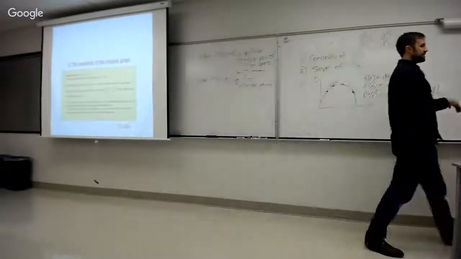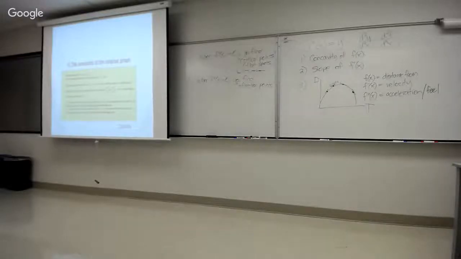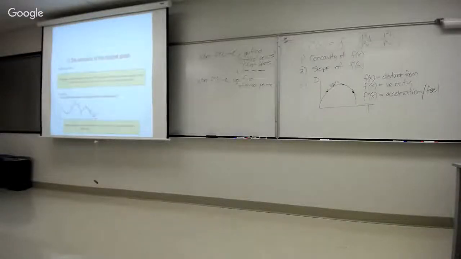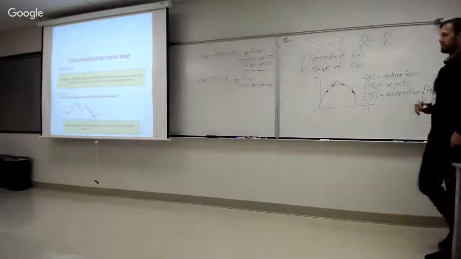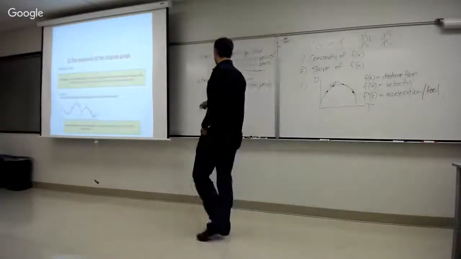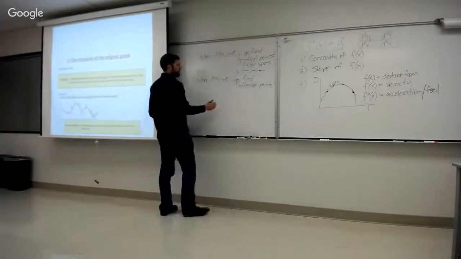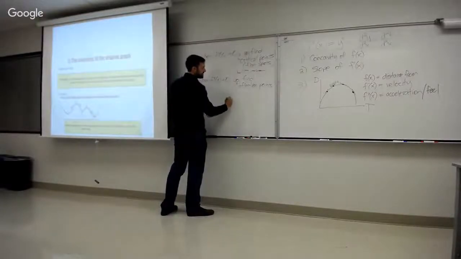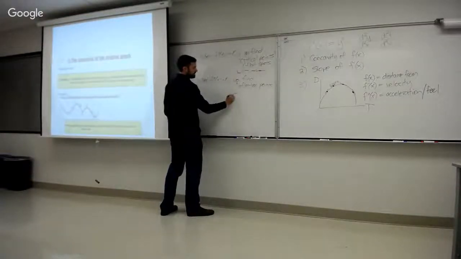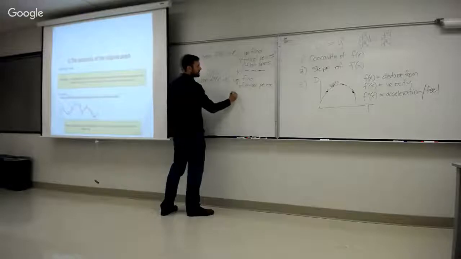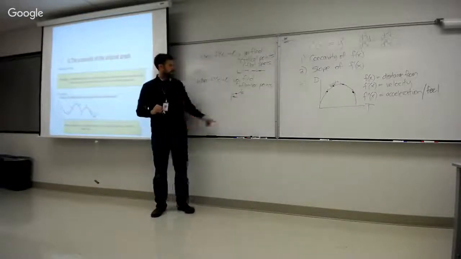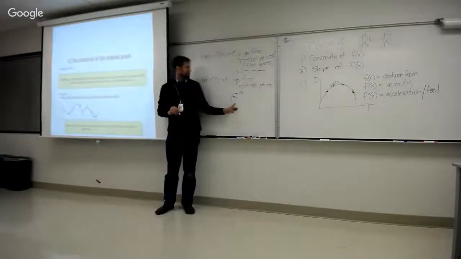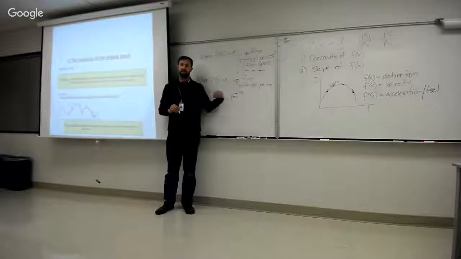When concavity changes from concave up to concave down. There we go, concavity, an inflection point. So an inflection point is when the concavity changes from concave down to concave up. Because to the left-hand side it was concave down, but to the right-hand side it is concave up.